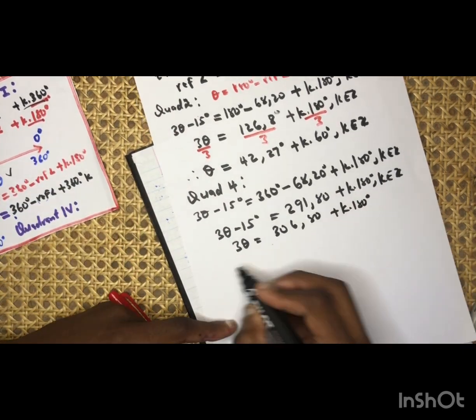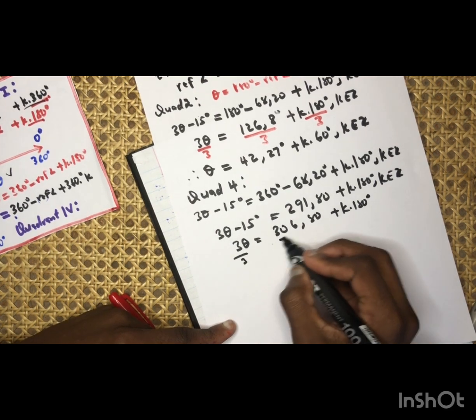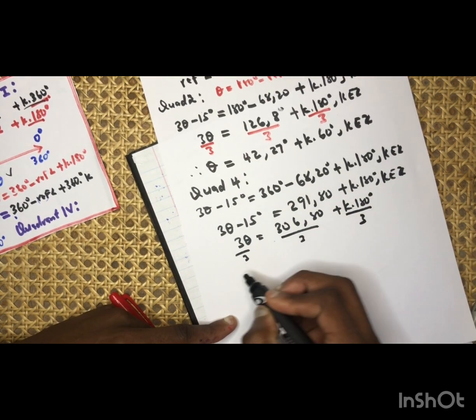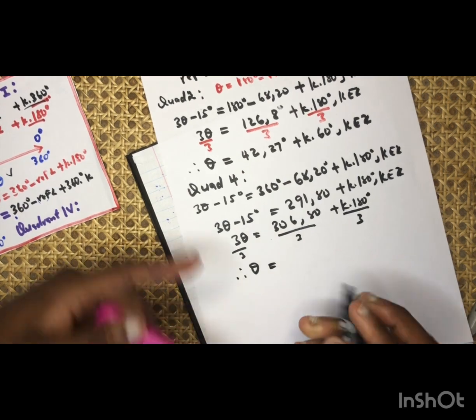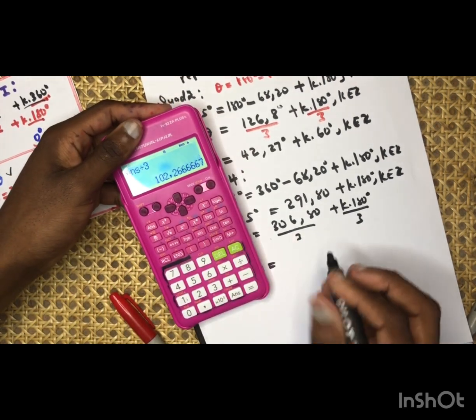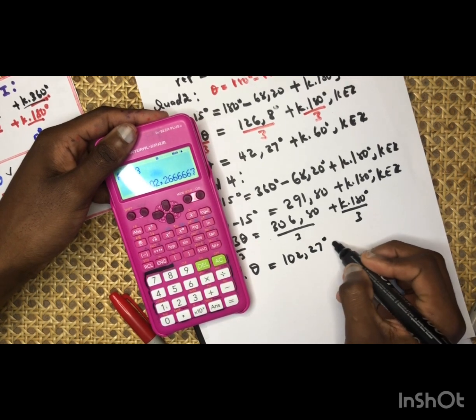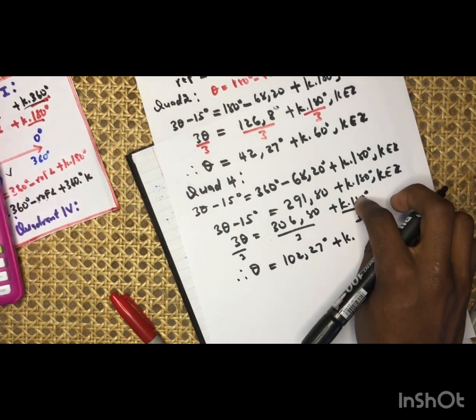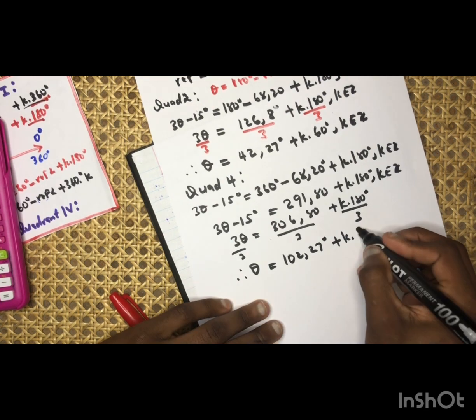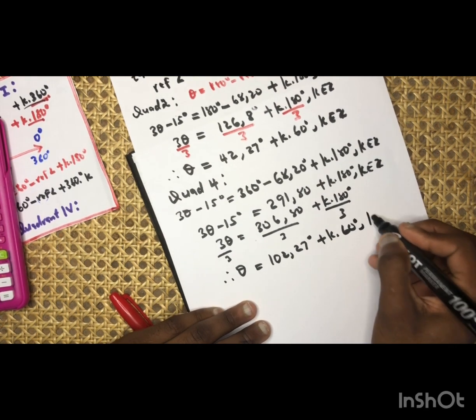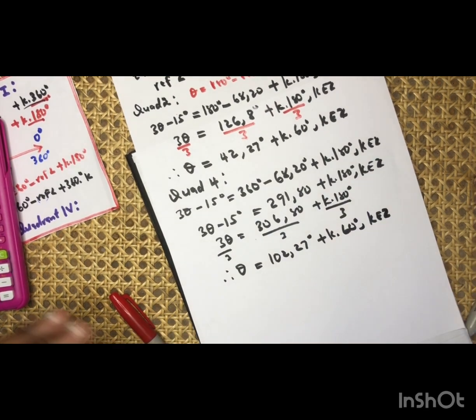So we are going to divide by 3 so that we can find theta. Therefore, if we divide by 3, we get 102,27 degrees plus k times 60, since 180 divided by 3 is 60, where k is an element of integers.